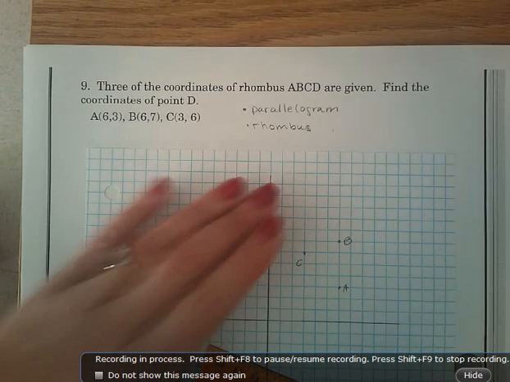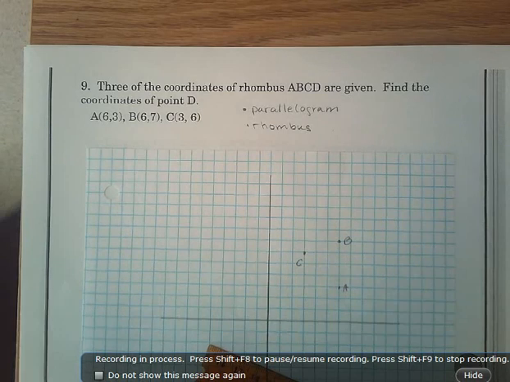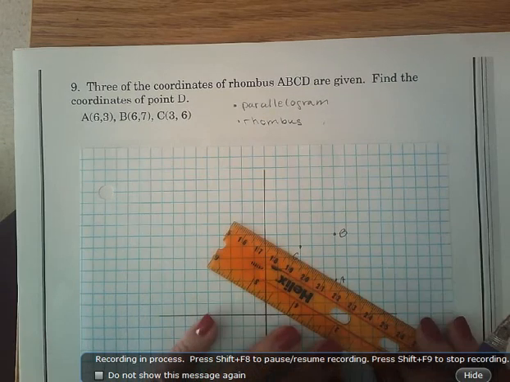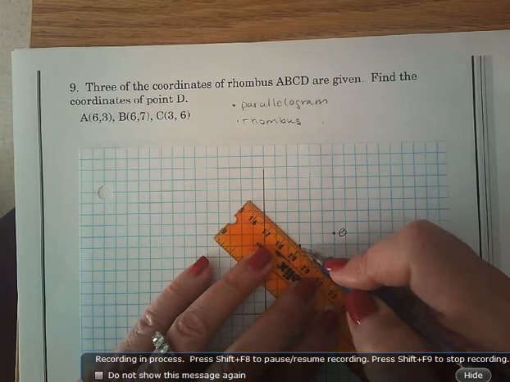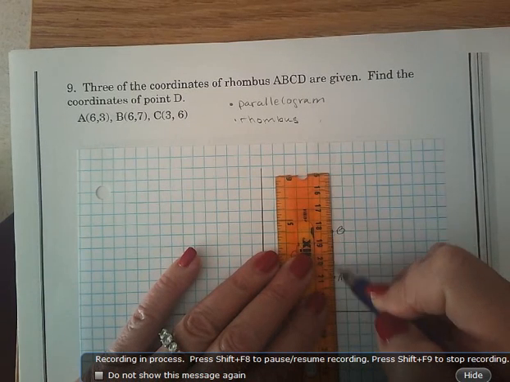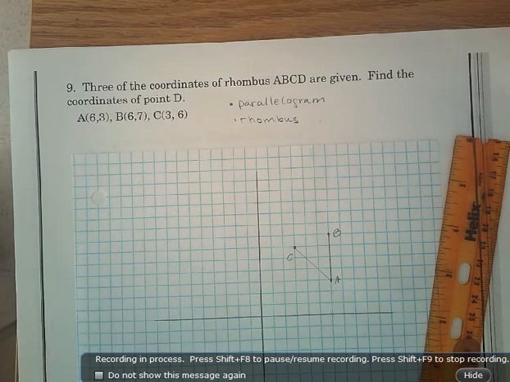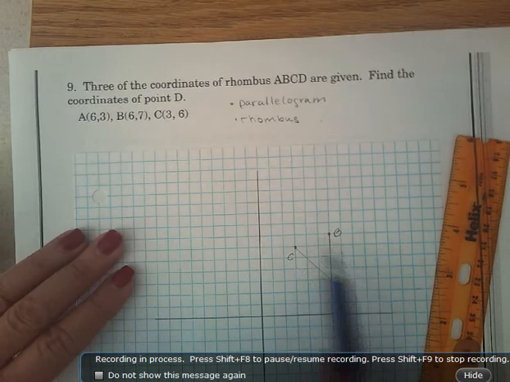So all I have to do in this point is count 1, 2, 3, 4 from here, my undefined slope, 1, 2, 3, 4. Point D can sit up there to make my parallelogram, or excuse me, my rhombus, like this. Because my opposite sides have to be congruent. So here, my slope is undefined, and here my slope is undefined.